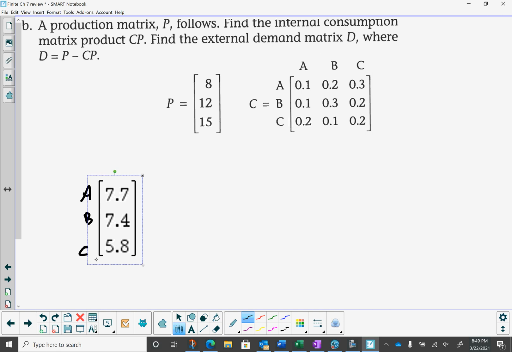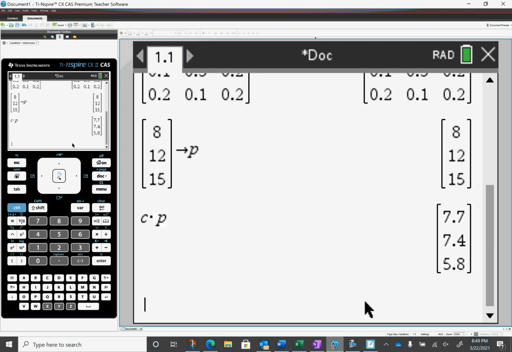So then what they're asking us to do is find the external demand matrix D, where I need to take P minus this matrix here that I just found. Okay, so let's see how the calculator does with that. Asking it to take matrix P, and then from that, subtract the previous answer.